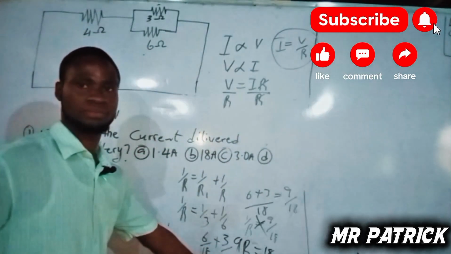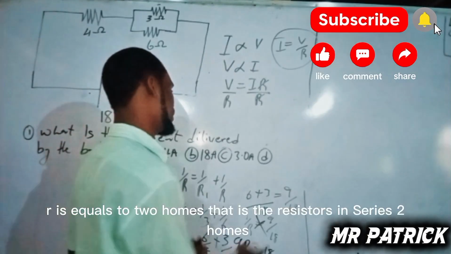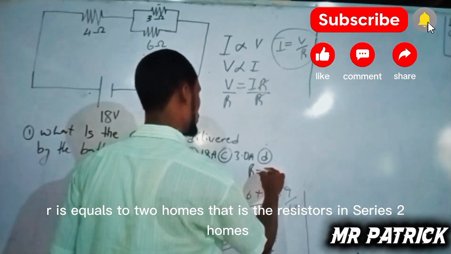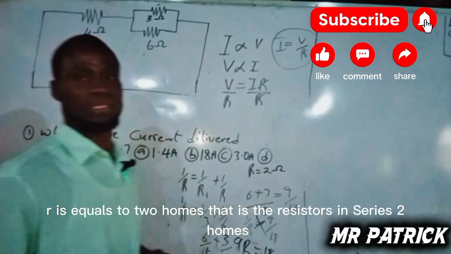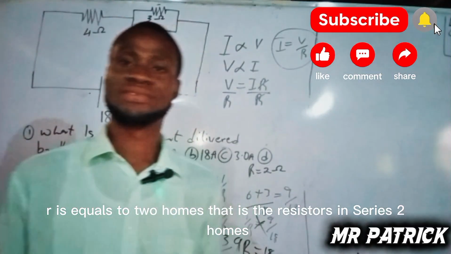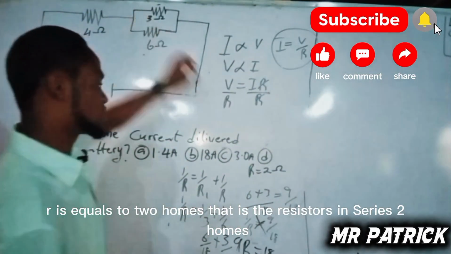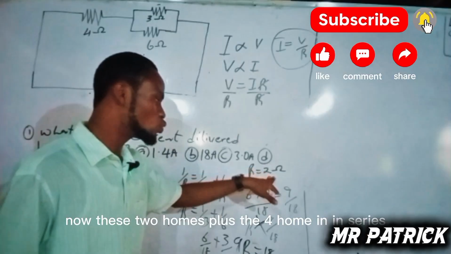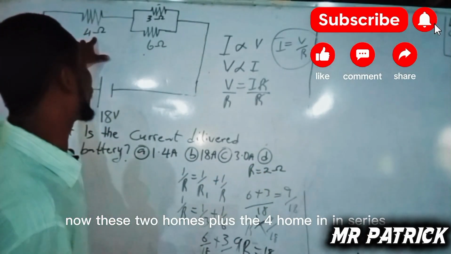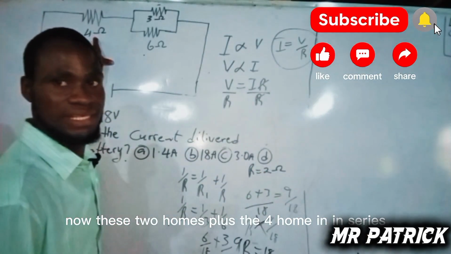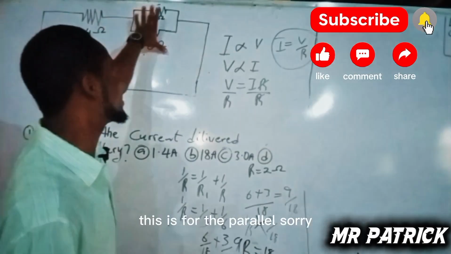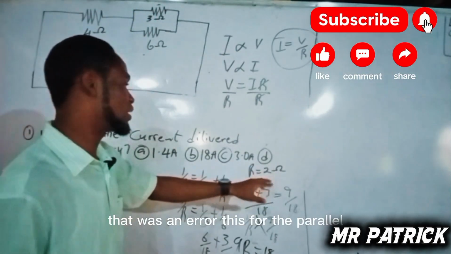So R is equal to 2 ohms. Now, these 2 ohms plus the 4 ohms in series. Sorry, that was an error.